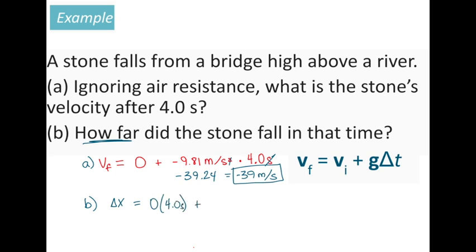We're going to add to that, and yes, in your calculator, you can just put 0.5, that's 1/2, times gravity, that's negative 9.81 meters per second squared, times our time squared, 4 seconds squared.